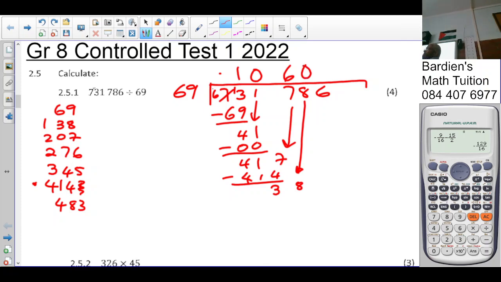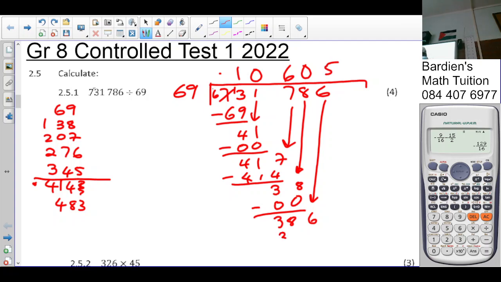So I get 0. 0 times 69 is 0. Subtract, you get 38. You bring down the 6. 69 going into 386. 5 times. So it's 5. 5 times 69 is 345. You get 41. So it's remainder.